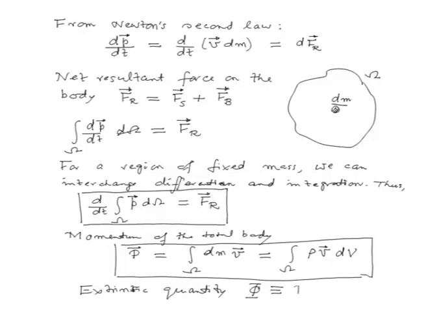This can be identified with the total momentum of the body, and intrinsic quantity small phi, this could be identified with the velocity field. Now, we would use these two identifications to find out the momentum equation for the fluid medium.